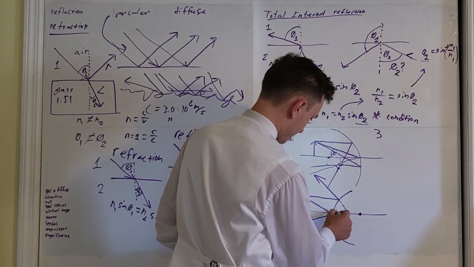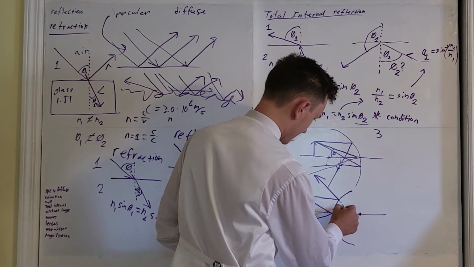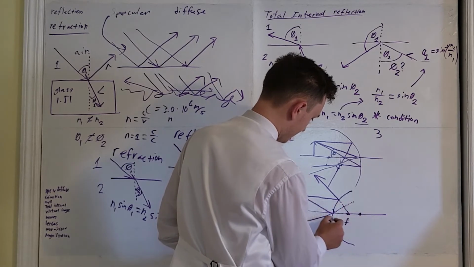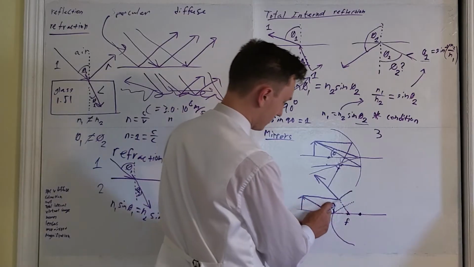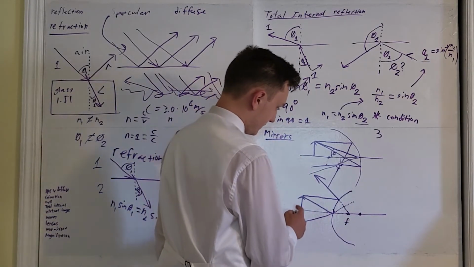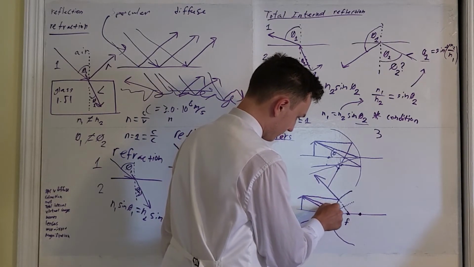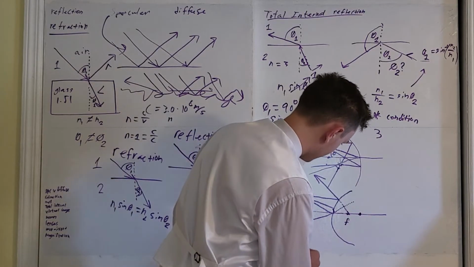And we can draw the imaginary component of this reflected line, as if it were reflecting normally on the horizontal, okay? And then we say that all lines that go through the focus will be reflected back horizontally, okay?